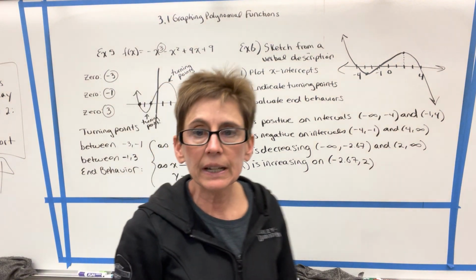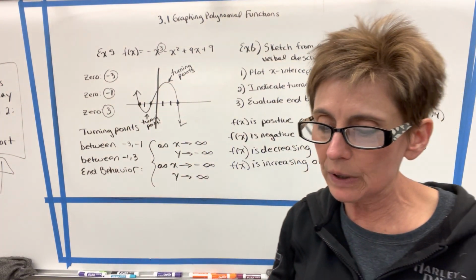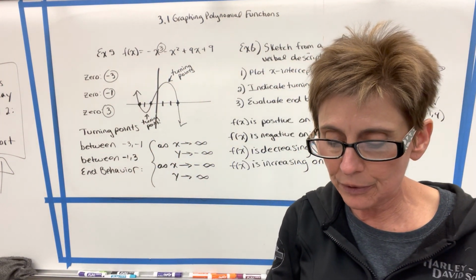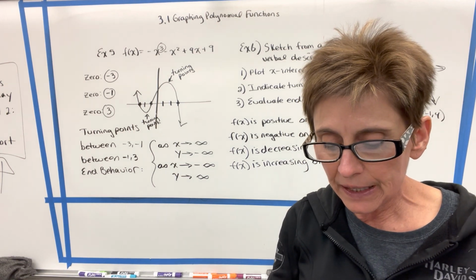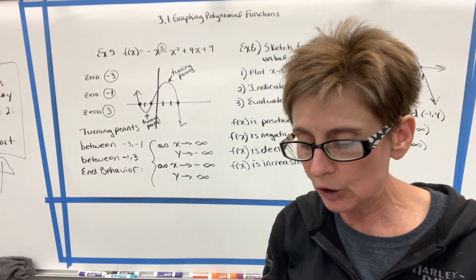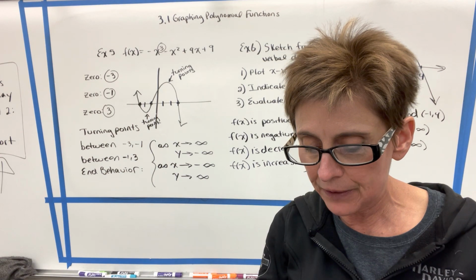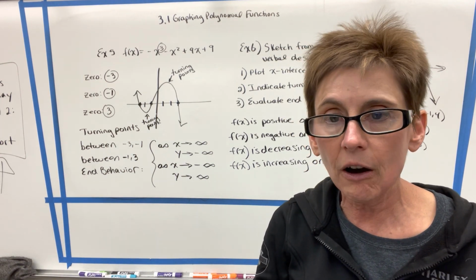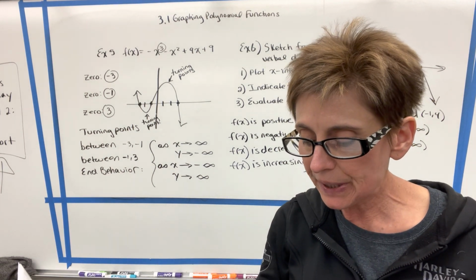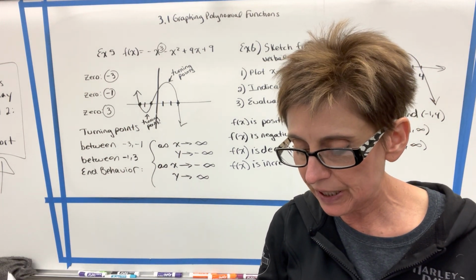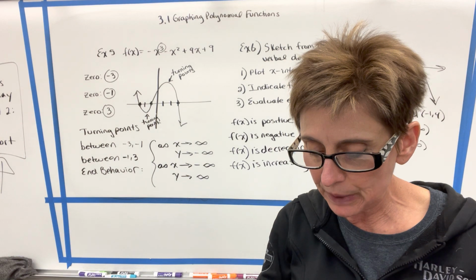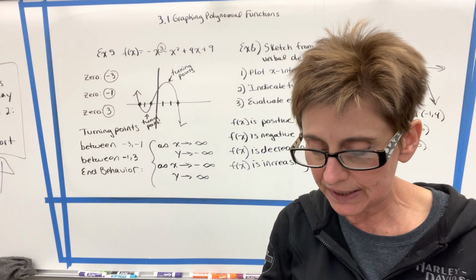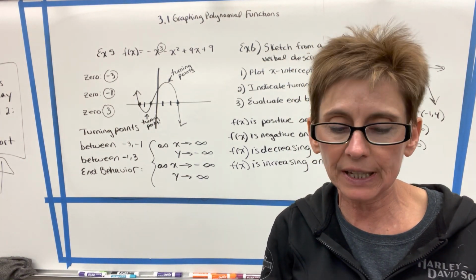So the question is asking here at the end, what I would normally be talking through with you as we do notes: how do the key features of a polynomial function help you to sketch its graph? Knowing whether the degree is odd or even is helpful. Knowing the leading coefficient can also be helpful. And evaluating the end behavior, turning points, and x-intercepts all can help you to sketch a graph.